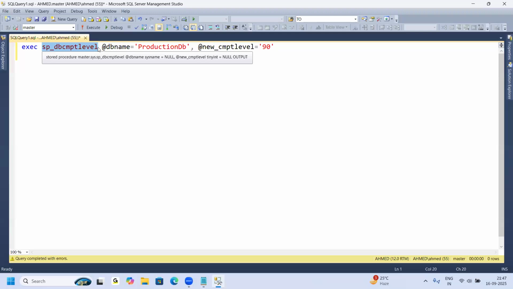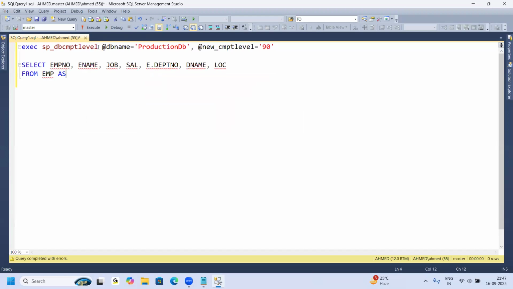Then I used to write the outer join query like this: select number, name, job, sal, E dot department number, D name, location from EMP as E, department as D, where E dot department number *= D dot department. That star was the outer join operator. We don't have that support now.